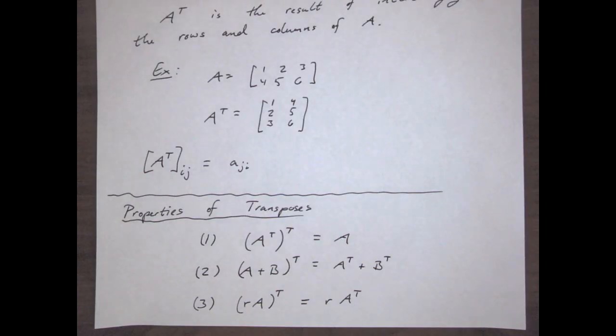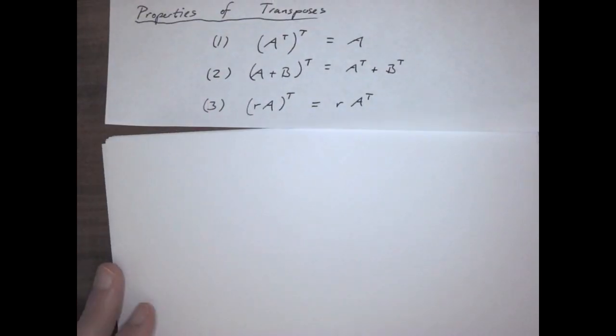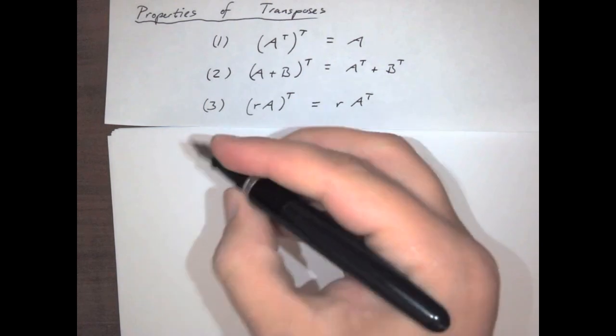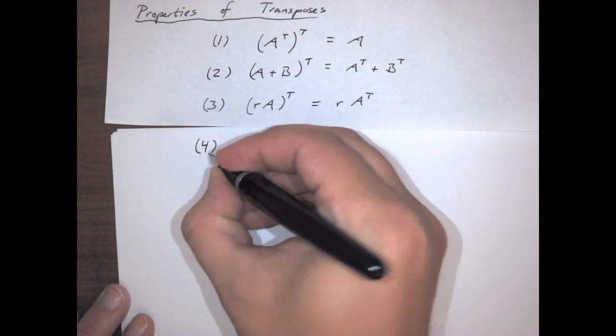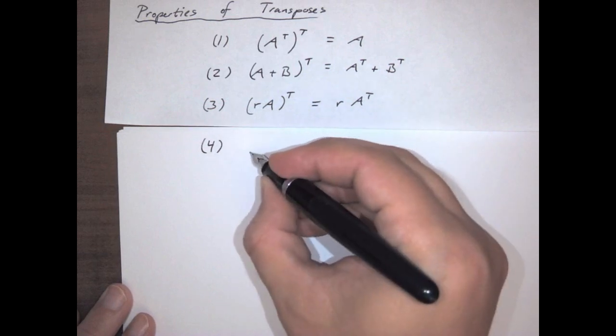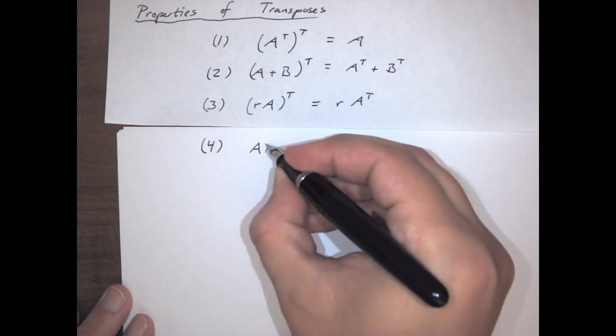Now from all this, you might think that the transpose has no surprises in store for us. However, there is a property of transposes relating to the product that holds a lurking danger here.